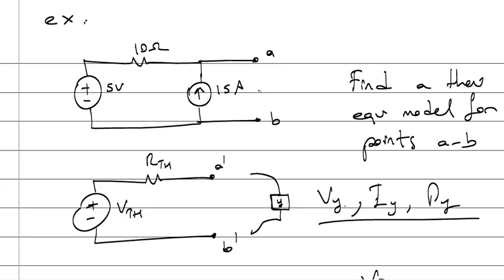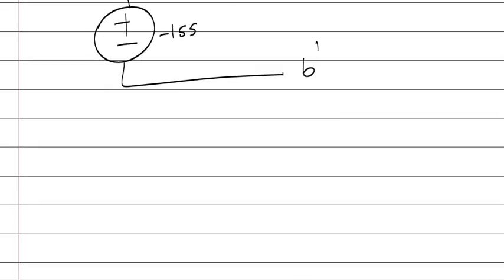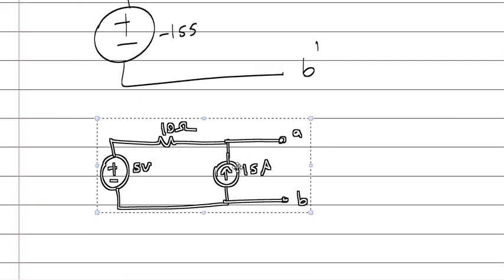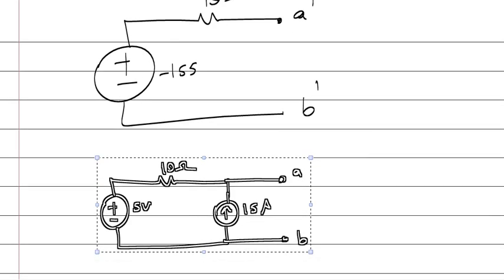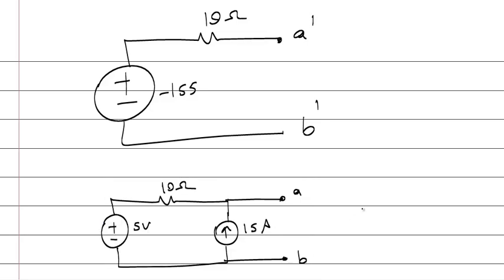If you connect a resistor, the voltage of the resistor will be the same. These two circuits are equivalent if you look at only points A prime, B prime, and AB.